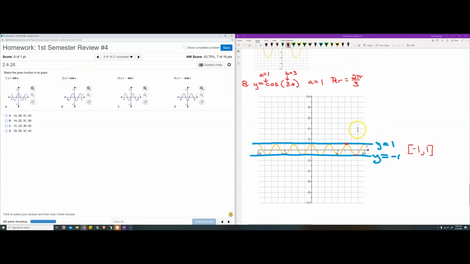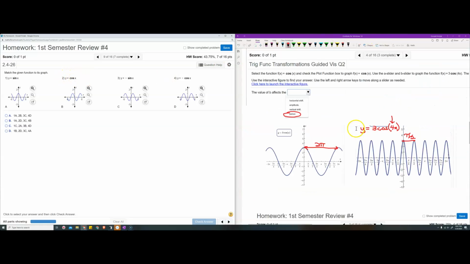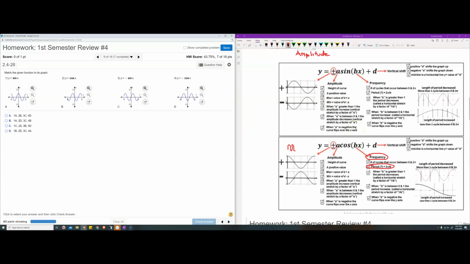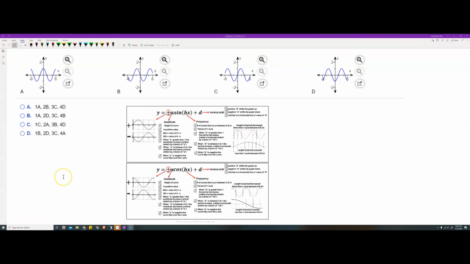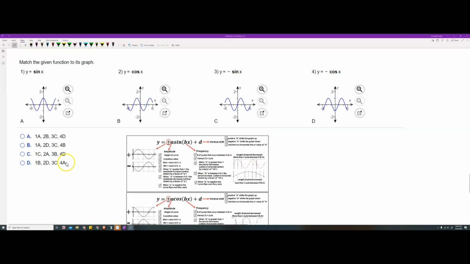So all you're going to do here is just look at your graphs. Here's your reference sheet for that. So let's copy this. We've got to match the graph with the equation here.